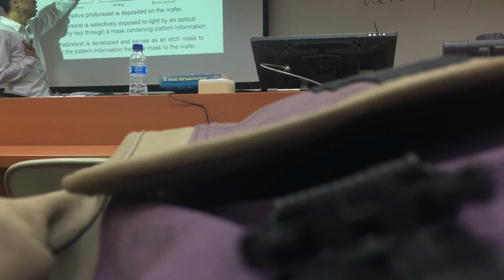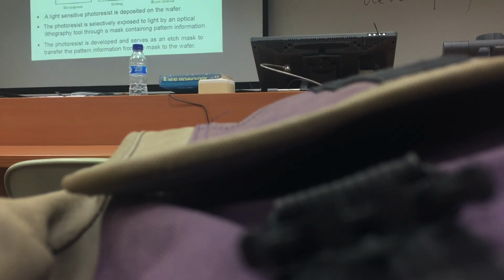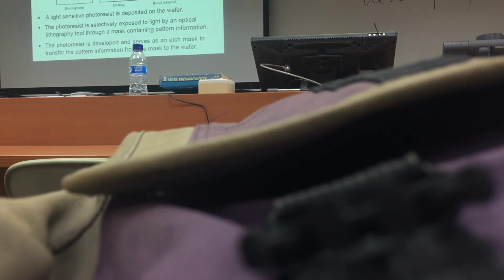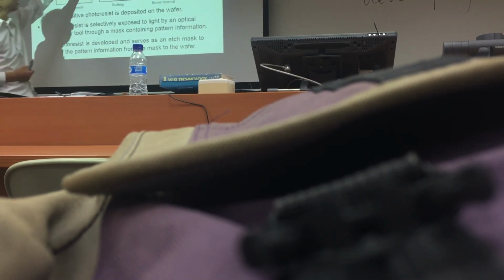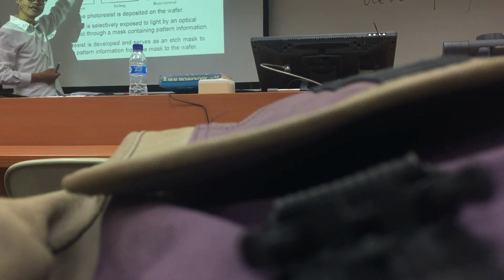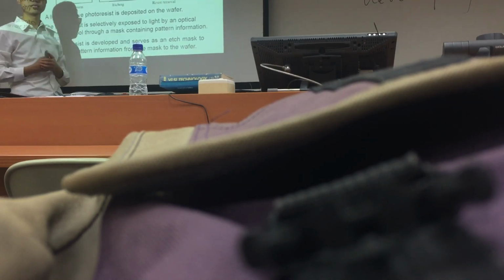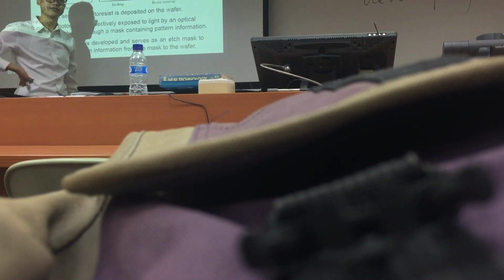Mask means that we protect the area where we don't want etching. So during the etching you must make sure that this PR is strong enough to protect this area from being etched. But this area you want to etch, so you just etch it.